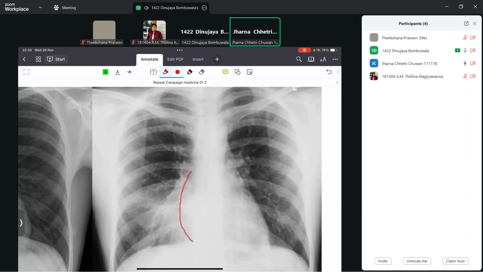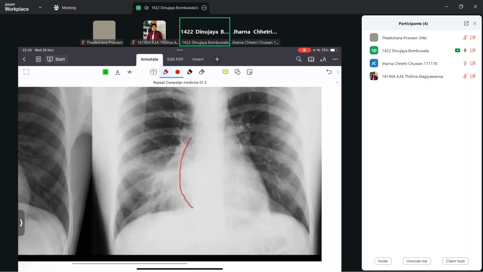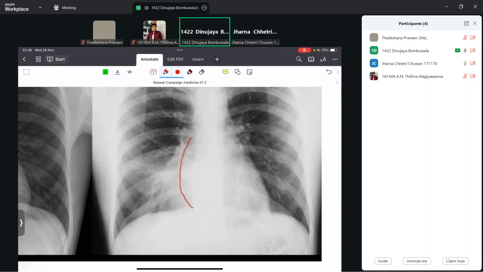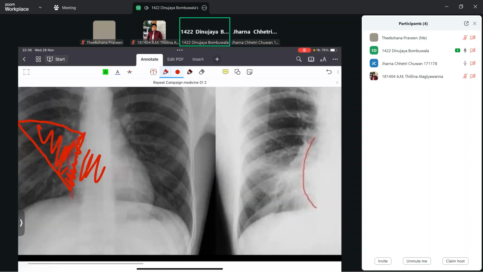If there is right lower lobe pneumonia like this, we may not see this diaphragmatic border properly. There will be no definition between these two things as well. That is also called Silhouette sign.